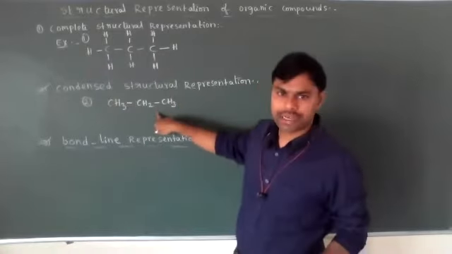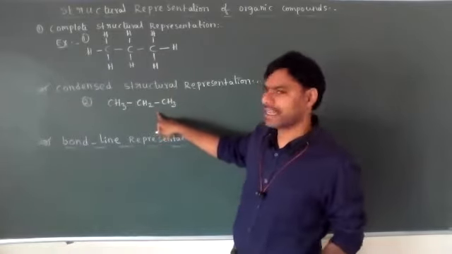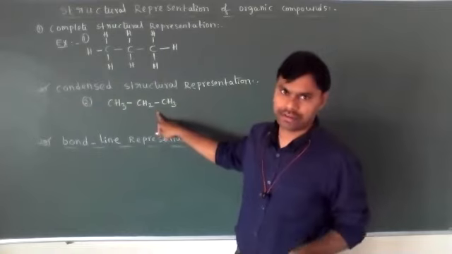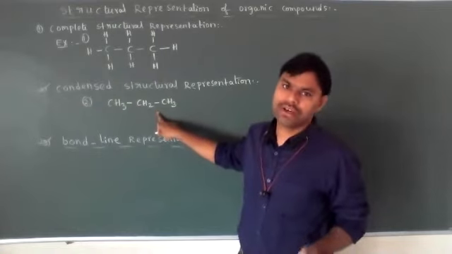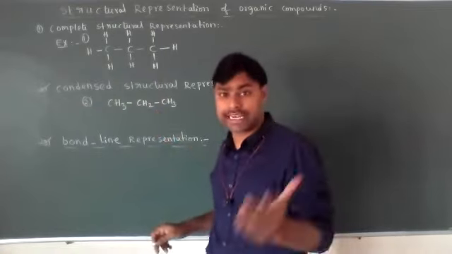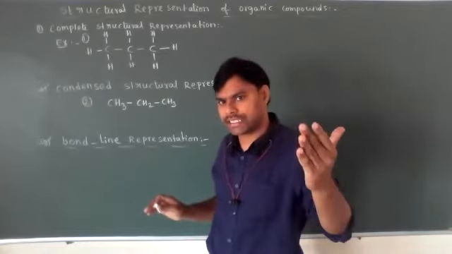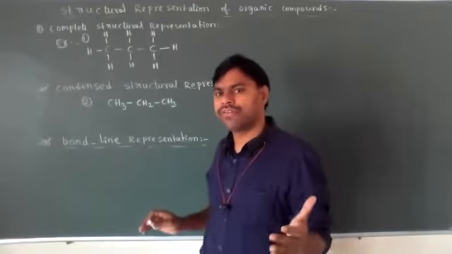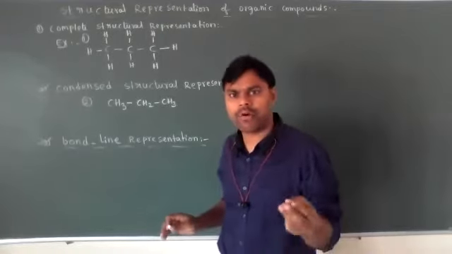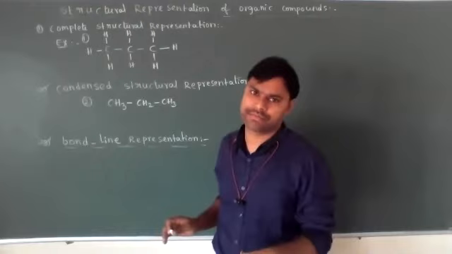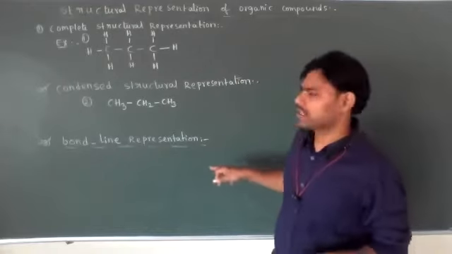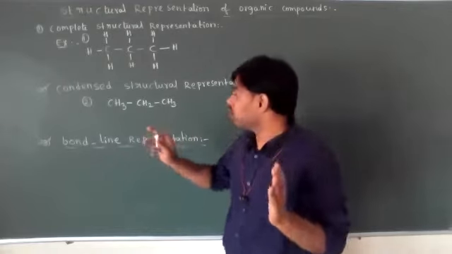Compared to the complete form, we can write this easily and it requires less place also. It is known as propane. Names and everything we will discuss later, so don't worry about that. Next class, after classification, we'll discuss the types of organic compounds, IUPAC nomenclature and everything. But first, how to draw this?